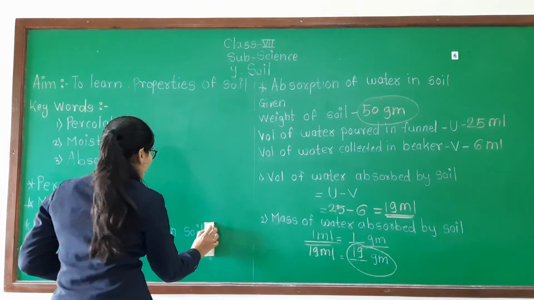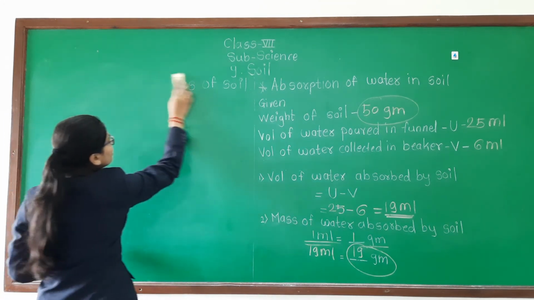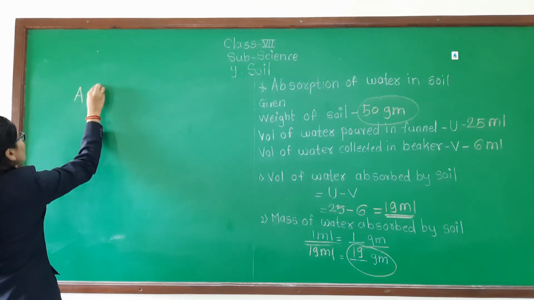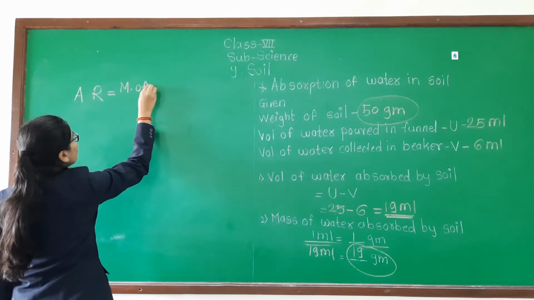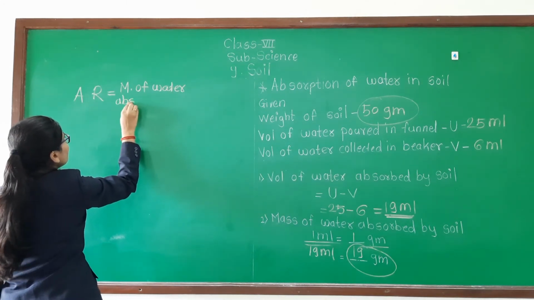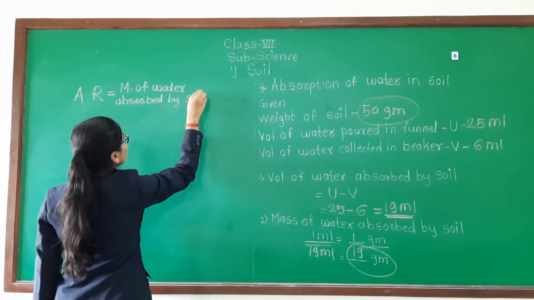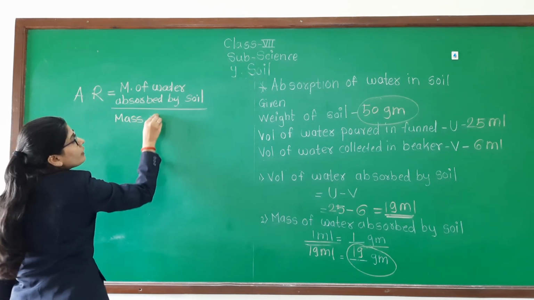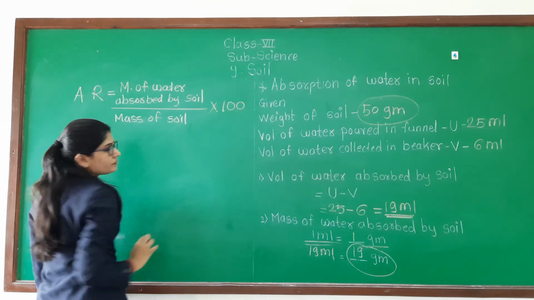Now we will calculate the absorption rate. See the formula of absorption rate. Absorption rate is equal to mass of water absorbed by soil upon mass of soil that we have taken, into 100.